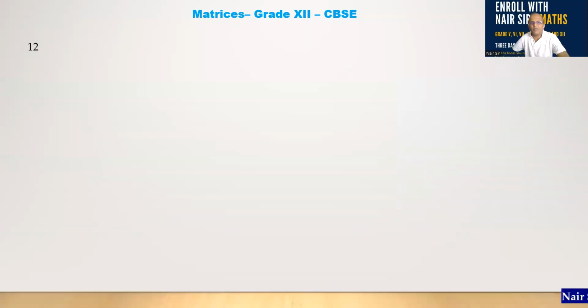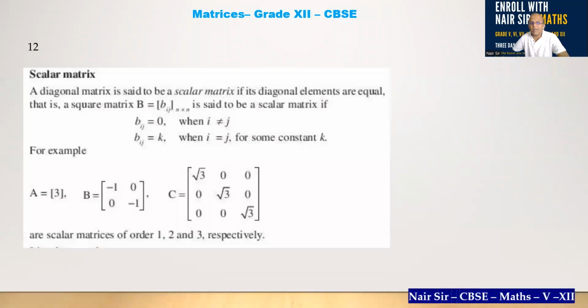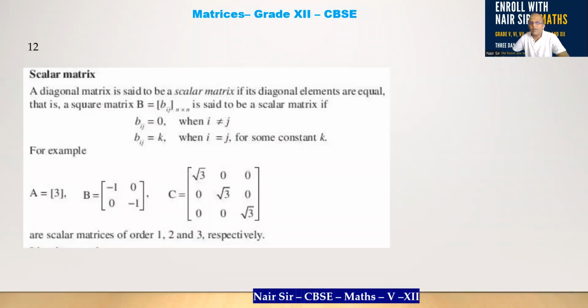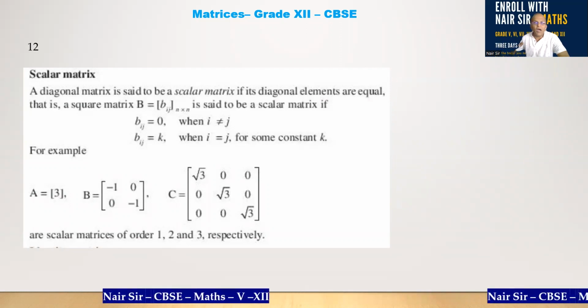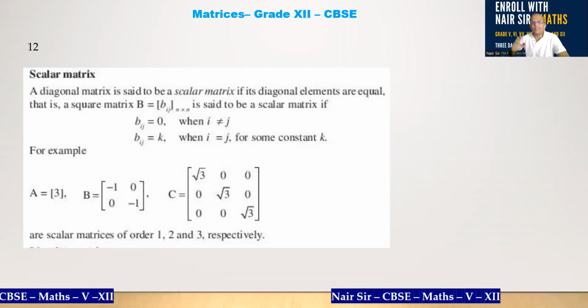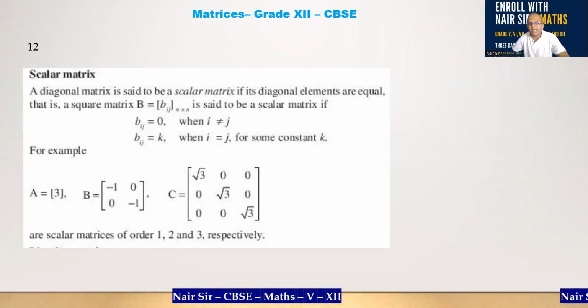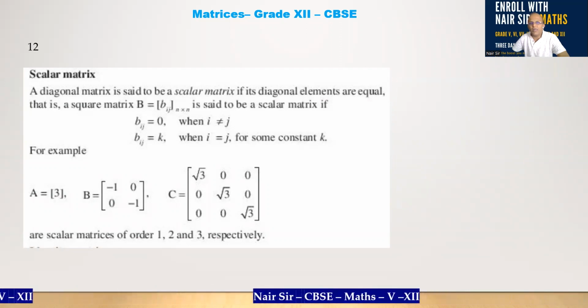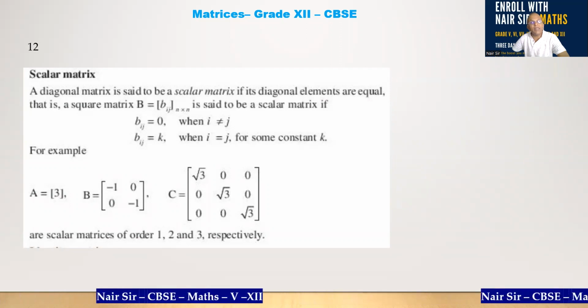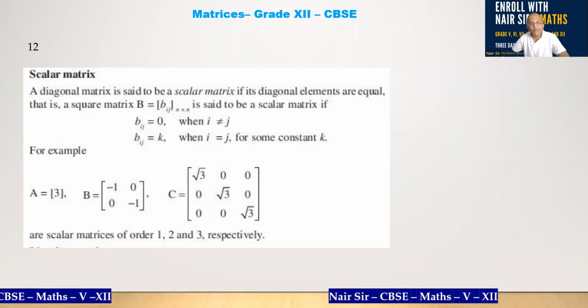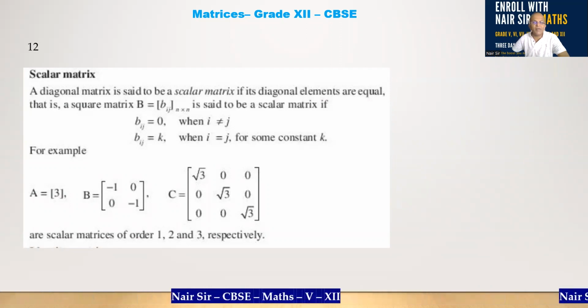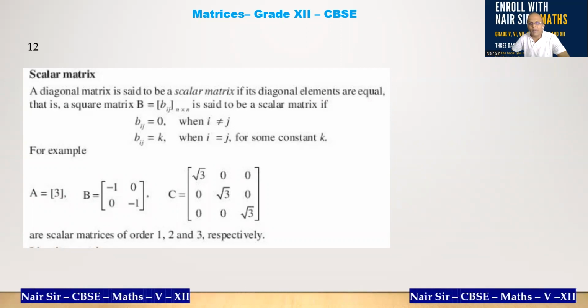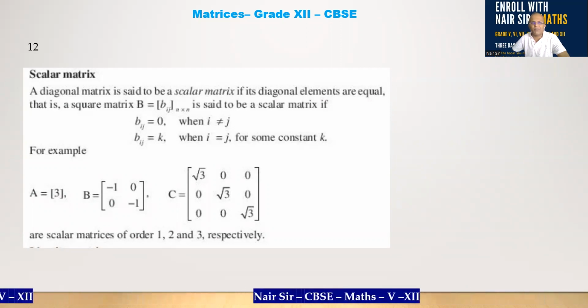Go next. Scalar matrix. In the diagonal matrix and the scalar matrix, there is a value to this. In the diagonal matrix, it was 1, 1, 1. Whereas in the scalar matrix, they are given root 3. It's one number, but it is the same number.